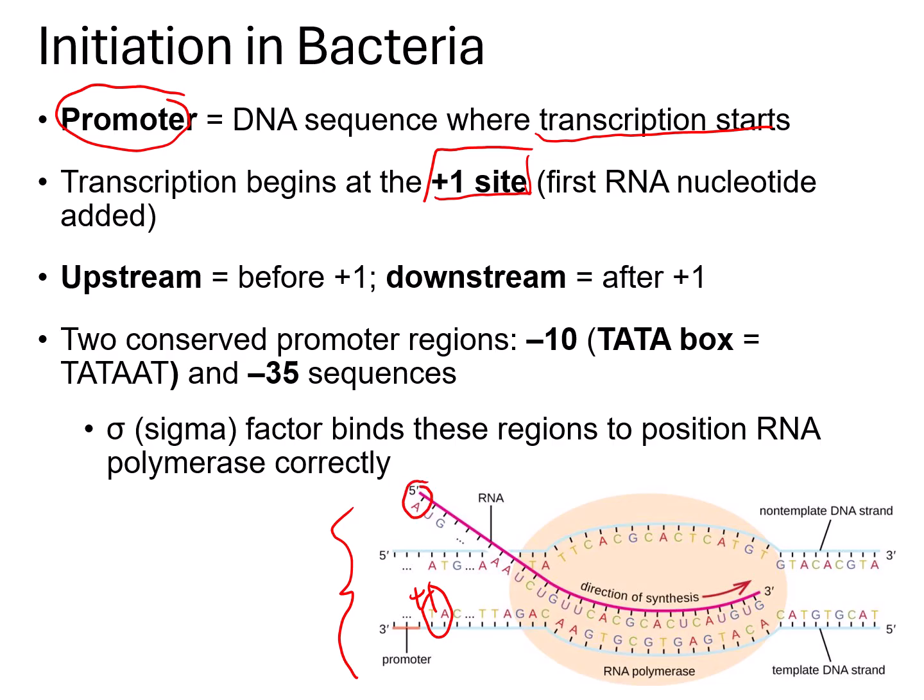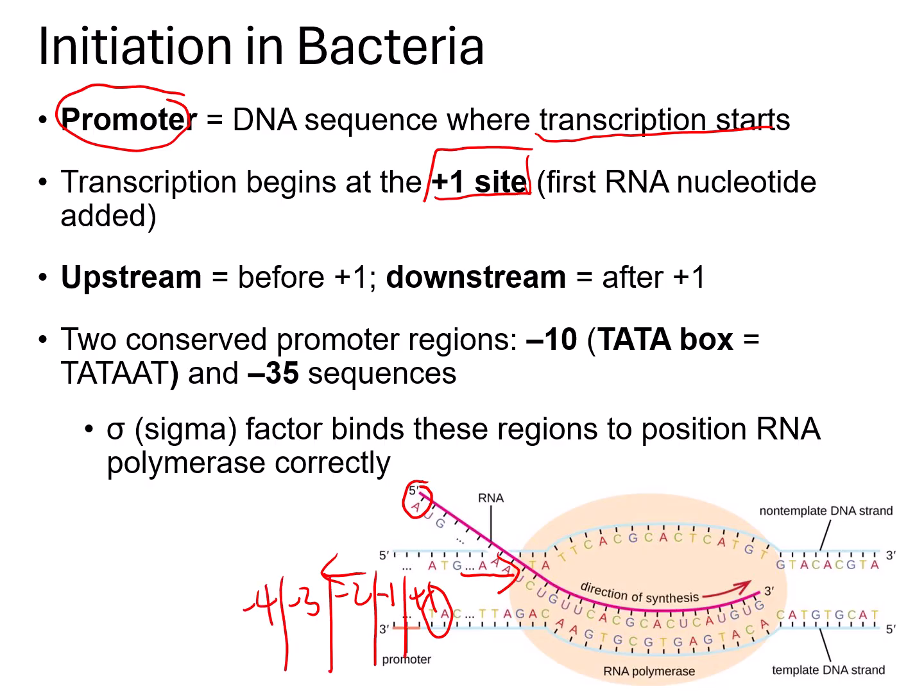Anything to the left of that, before it, is known as upstream, and anything after that is known as downstream. So over here would be upstream, and to the right would be downstream. Promoters are always going to be upstream of our +1 site, and we count backwards. Right before, or upstream of, +1, we have -1, -2, -3, and these are individual nucleotides, each number.